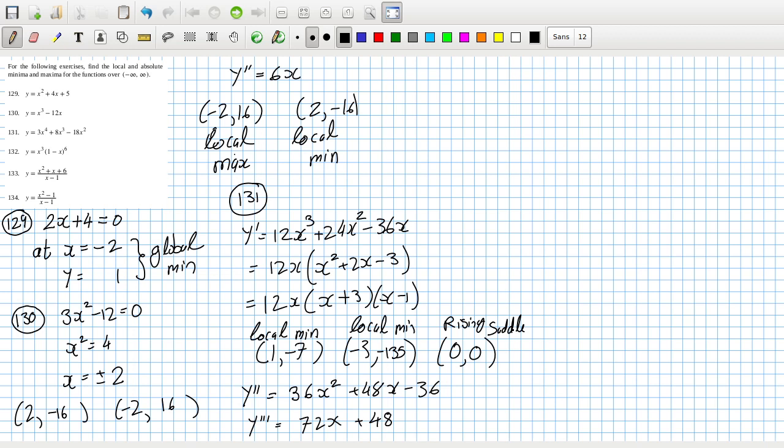So could that local min be a global min? Ooh, how can we tell?